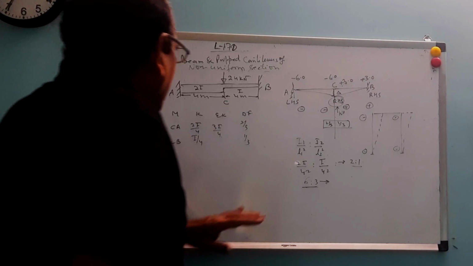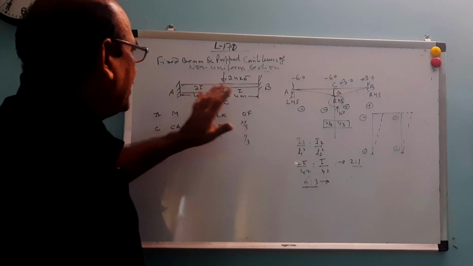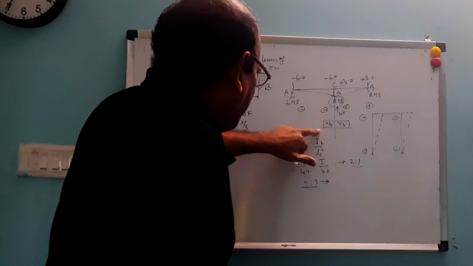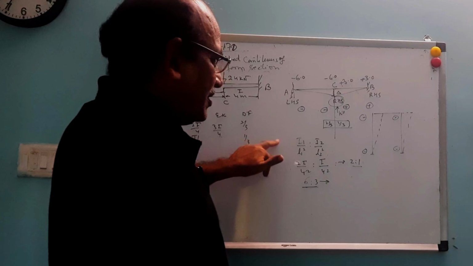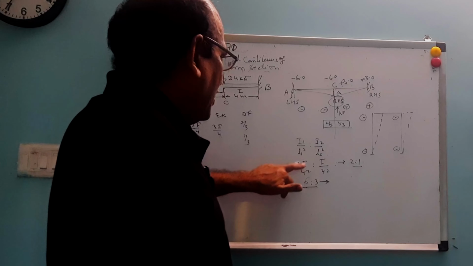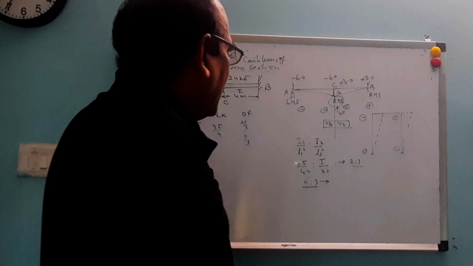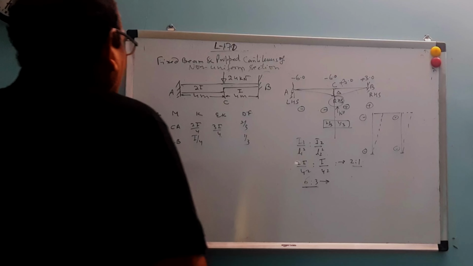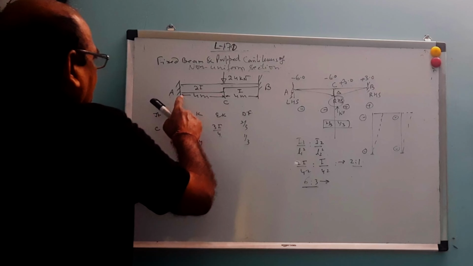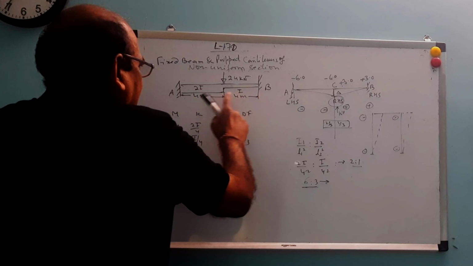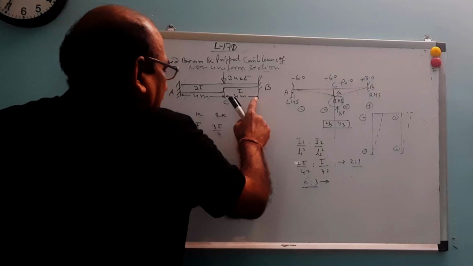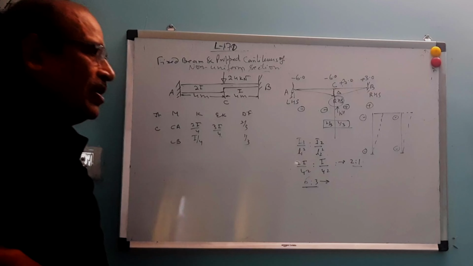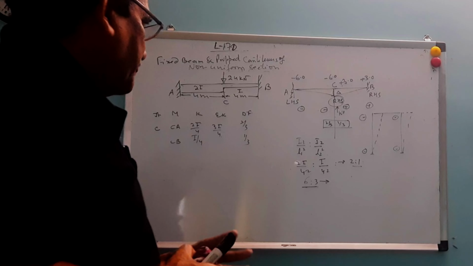How this sway is produced depends on the end conditions, for which we have this equation: I1 L1 squared is to I2 L2 squared. That is the moment which will be produced, in the ratio 2:1. If here is 2, then at B it will be in the ratio 2:1.